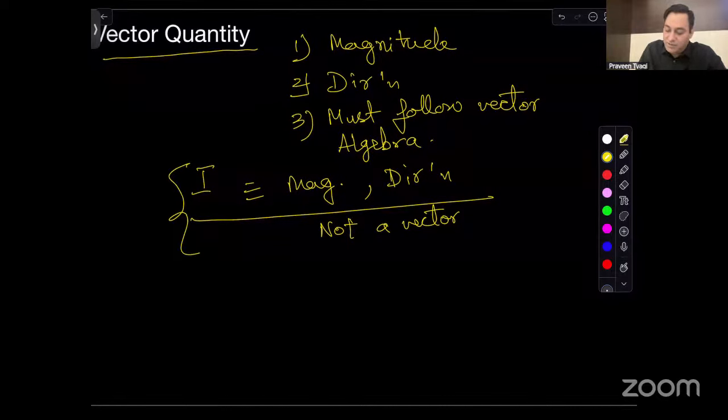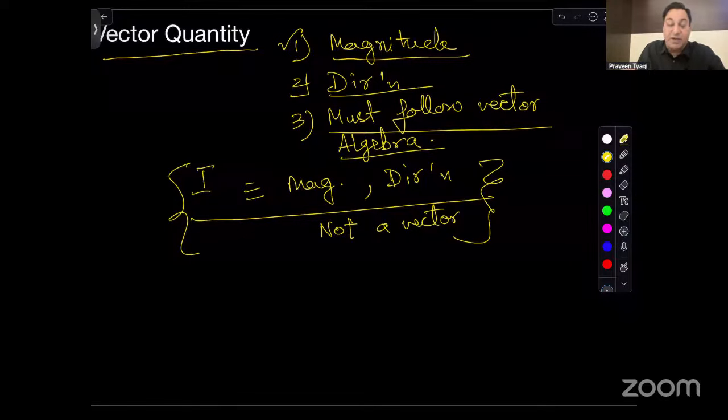Therefore, you must remember that these two are not enough. A physical quantity has to have magnitude, it has to have direction, and it must follow vector algebra. Only then will that physical quantity be called a vector quantity.